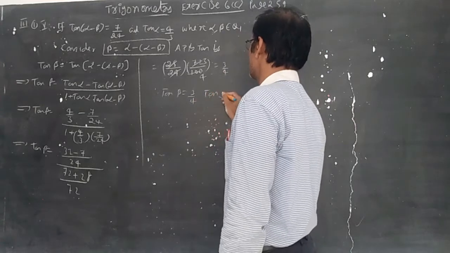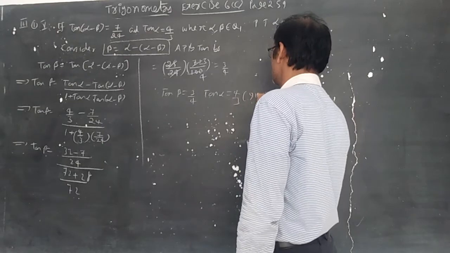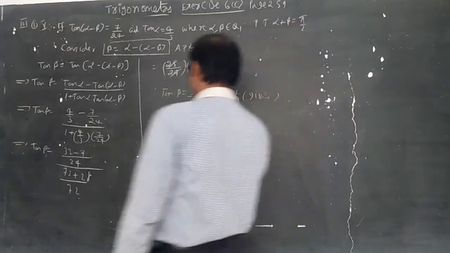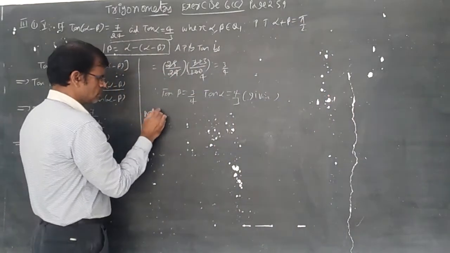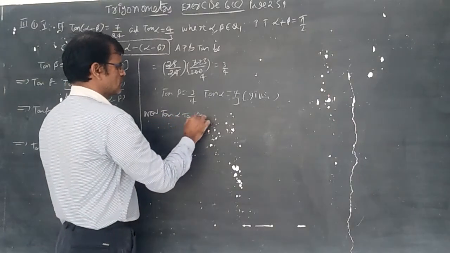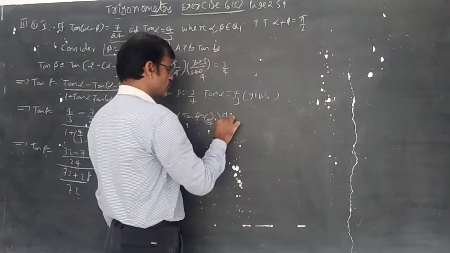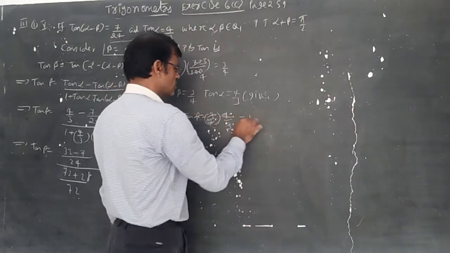Already tan alpha value is given as 4 by 3. Now write tan alpha into tan beta: 3 by 4 into 4 by 3, that is equal to 1.